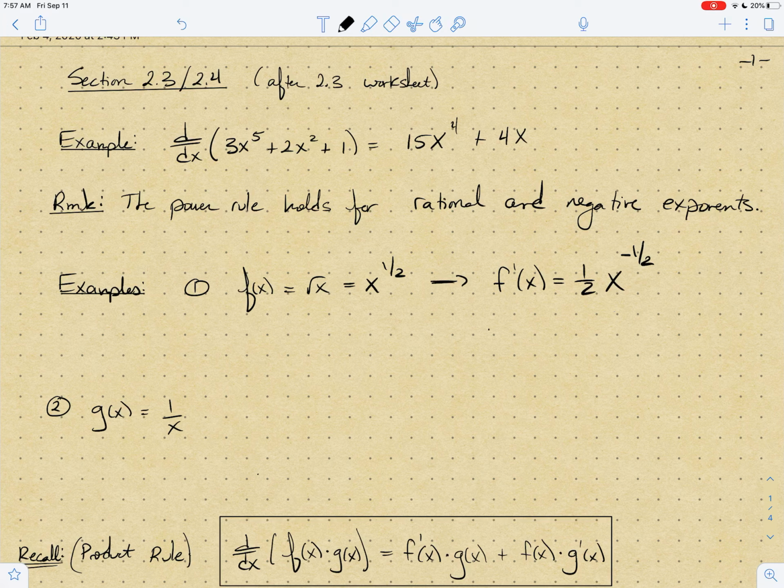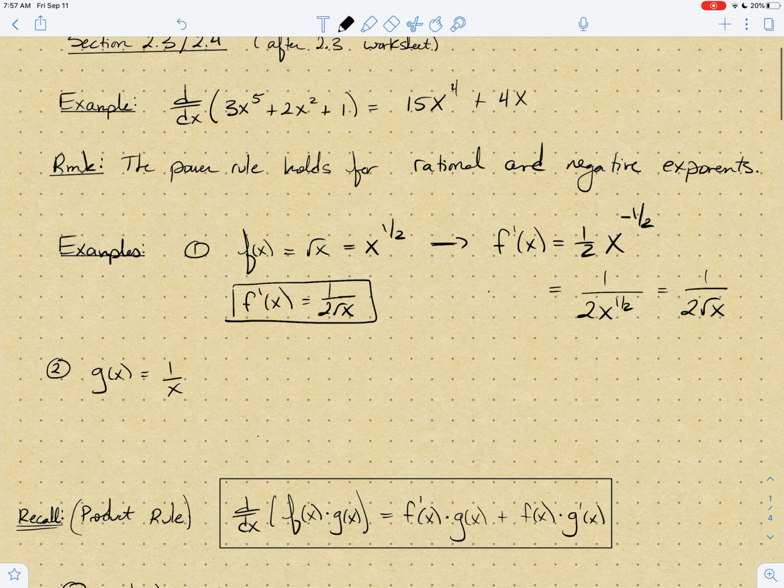So this is the same thing as 1 over 2 x to the 1/2, which is the same thing as 1 over 2 square root of x, which is what we got when we worked it out from the definition only. So takeaway is, f prime of x is 1 over 2 square root of x. But you can get that using the power rule instead of having to use the definition.